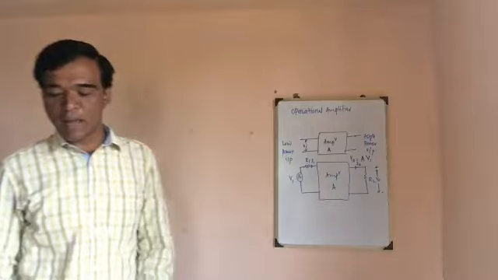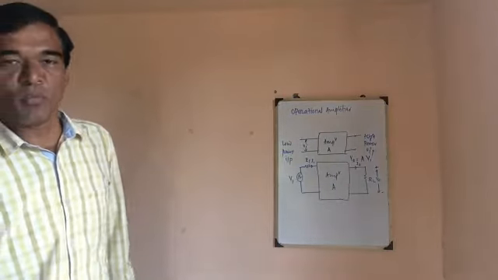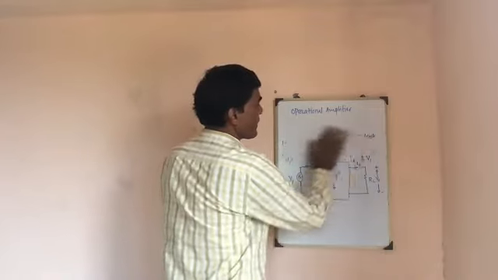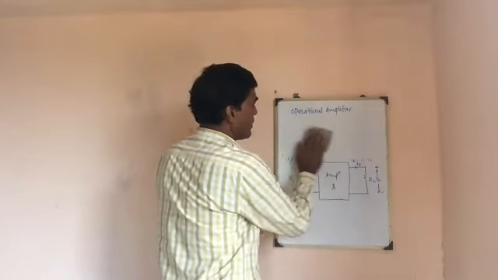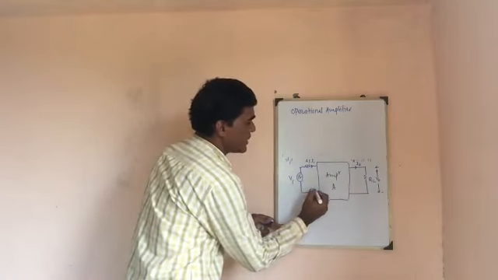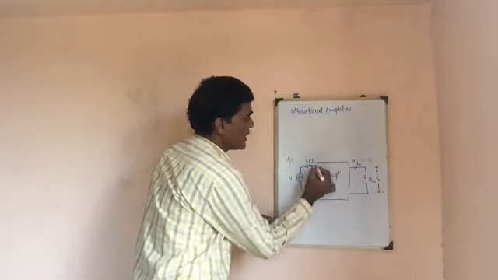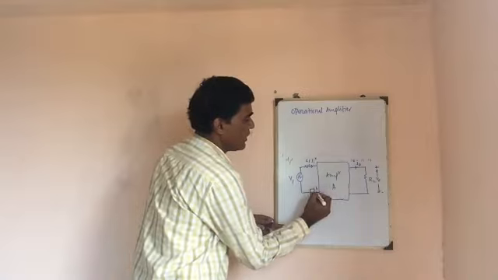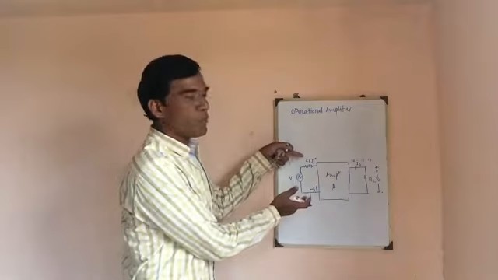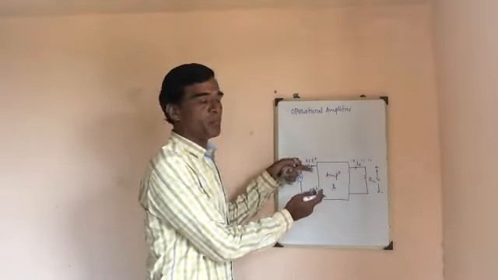Now I can model this amplifier. To model it, I need to identify the resistance between the input terminals. Let us say the input terminals are A and B. I need to look into the input terminals and find out the input resistance.